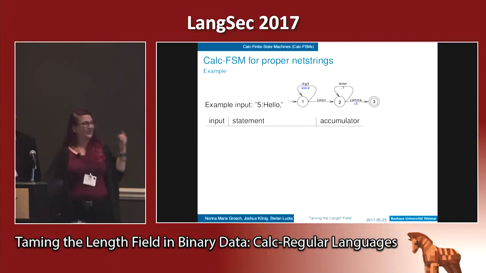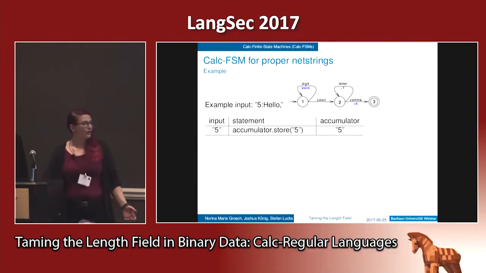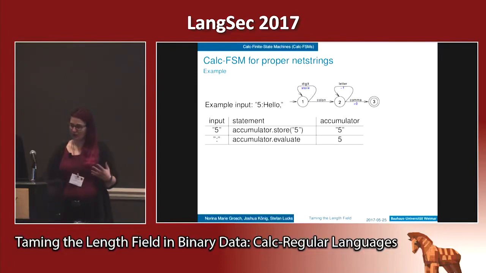For example, I will show you how it works for the string 5 colon hello comma. The first symbol we read is 5, and we put it in the accumulator, and then when the colon comes, we evaluate it, and the symbol 5 is evaluated to the number 5.